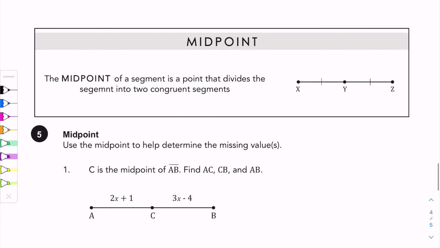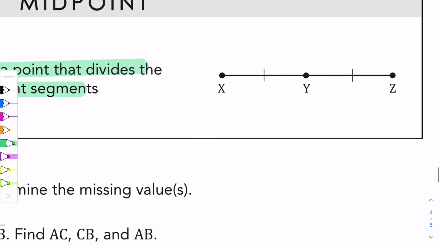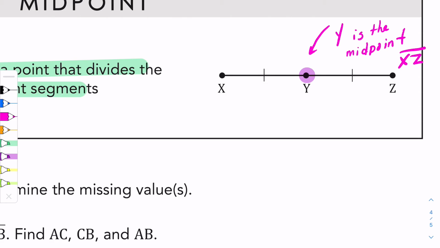And for the last section, we're looking at midpoints. A midpoint of a segment is a point that divides a segment into two congruent segments. Looking at this model here, Y is the midpoint. It's specifically the midpoint of segment XZ. So by having a midpoint, you're now creating two congruent sections.